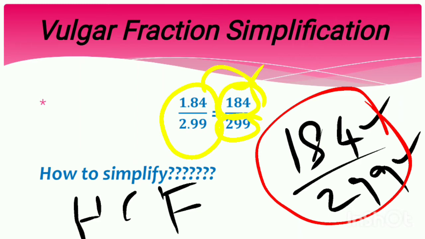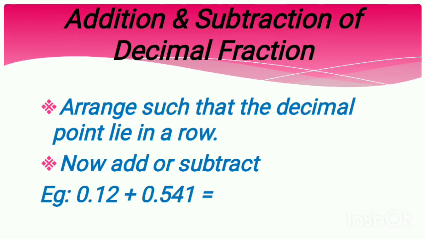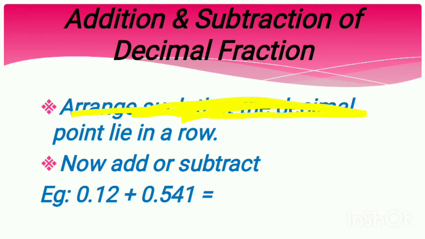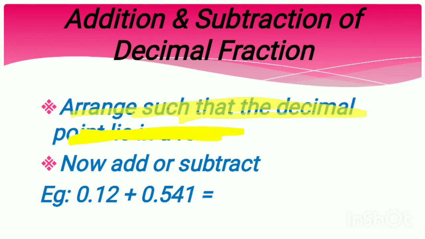Okay, let's get into the next concept, addition and subtraction of decimal fraction. How to do addition and subtraction? It is very simple. What we have to do, first we have to arrange the numbers in such a way that the decimal points lie in a row.